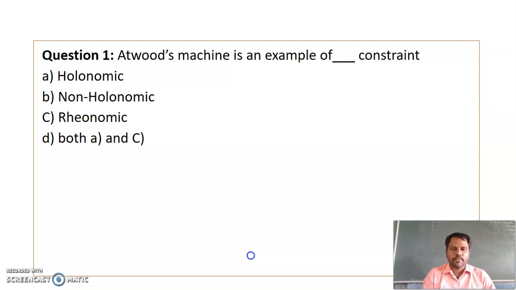So now let's have a small MCQ session. Question 1: Atwood's machine is an example of which constraint? Here we have seen it is an example of holonomic constraint.